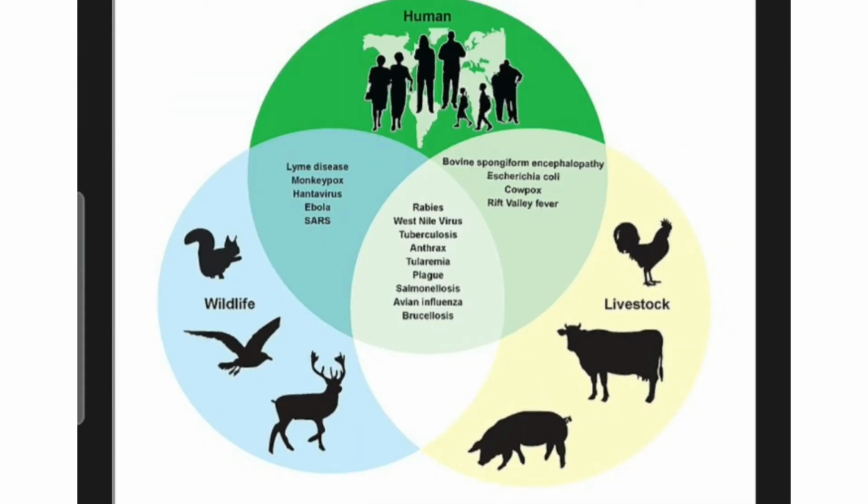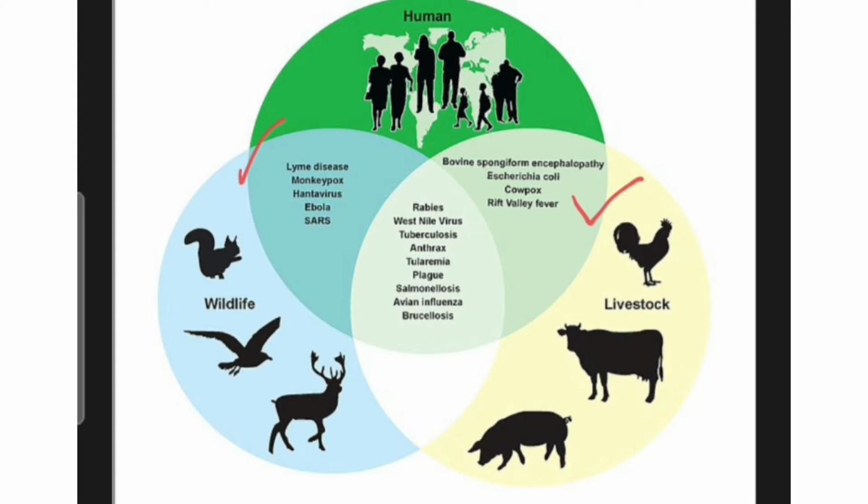These are Lyme disease, monkeypox, hantavirus, Ebola, SARS, etc. These diseases can also happen in the human body. Now the diseases of livestock as well as humans: bovine diseases, Escherichia coli, chicken pox, Rift Valley fever, etc.